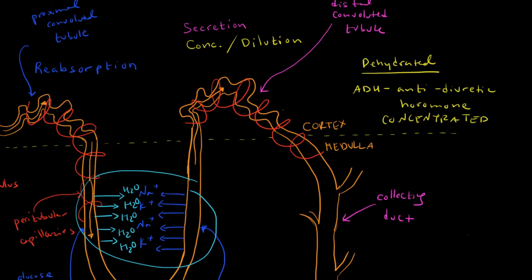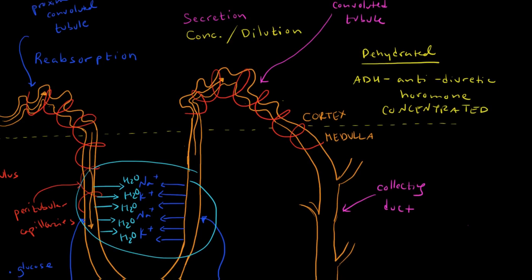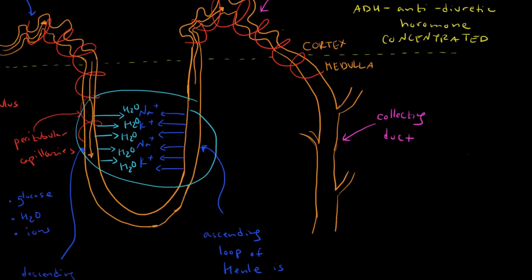There's a different hormone that can act on the distal convoluted tubule and the collecting duct, and that hormone is aldosterone. That was ADH, aldosterone will cause you to make dilute urine. And how will it do that?